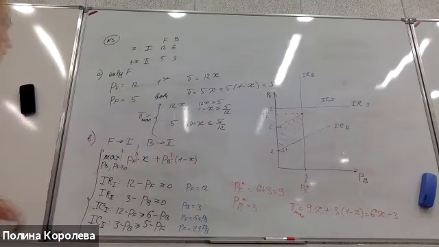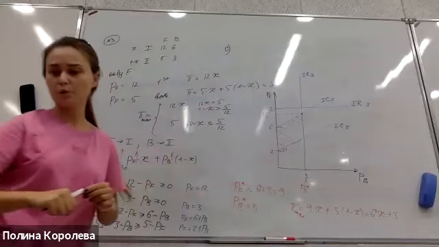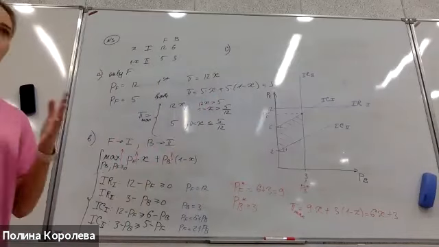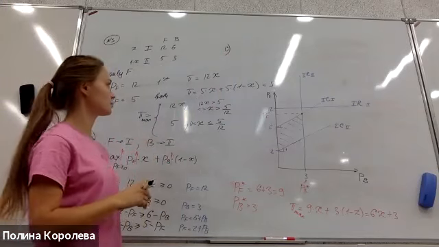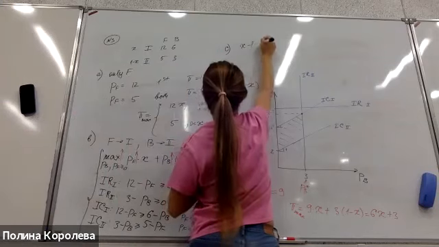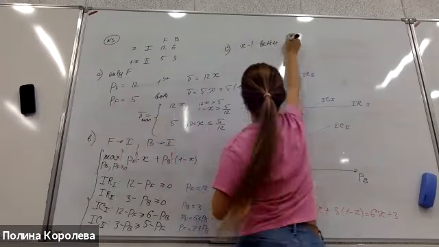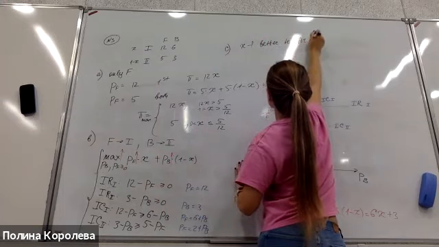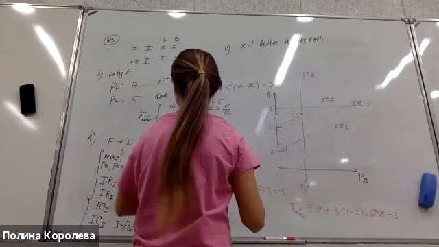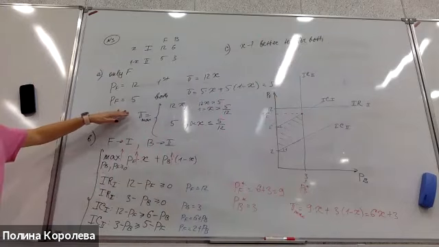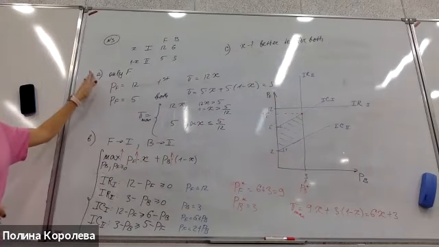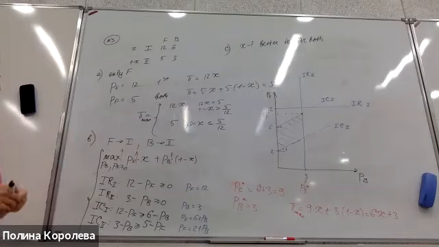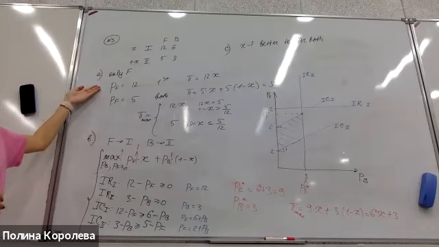And the last point, C. Our question is for which x it is better to offer both versions. Both versions is point B. One option, only fancy, is point A. It's better to offer both when the profit from offering both is bigger than from offering only fancy.